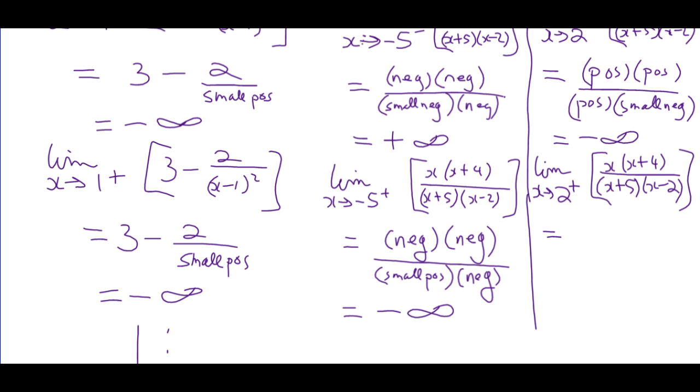Okay, so again, right, this is positive, this is positive, this is positive, right? So we got a positive, we got a positive, we got a positive, and we've got 2 from above, and you're subtracting 2. Going to be positive, but small. Small positive, which will be positive infinity, right? They're all positive.